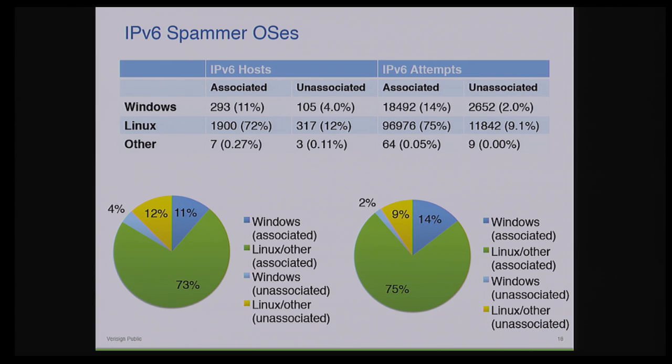Okay, but here's a breakdown in terms of IPv4 hosts that we saw. So we saw on the left-hand side here, 72% of them were Linux machines, but we saw about 11% Windows machines, in terms of those that were associated hosts, and then some percentage of other that were hitting there.